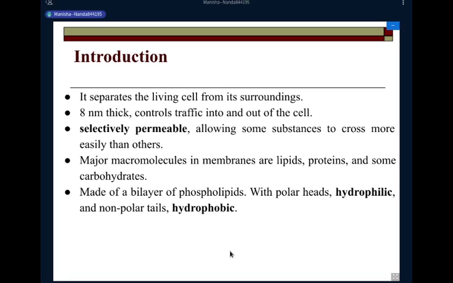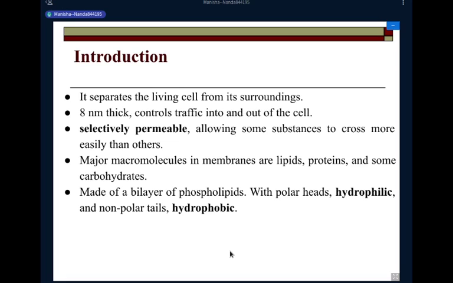When we say it is controlling the traffic of molecules from the cell interior, that is from the cytoplasm, to the extracellular side, that is the cell exterior, or from the extracellular side to the cell interior, it does not mean that it is freely permeable and anything can enter or exit the cell. First of all, different cells have different levels of permeability for different types of molecules, because their properties and requirements are different.